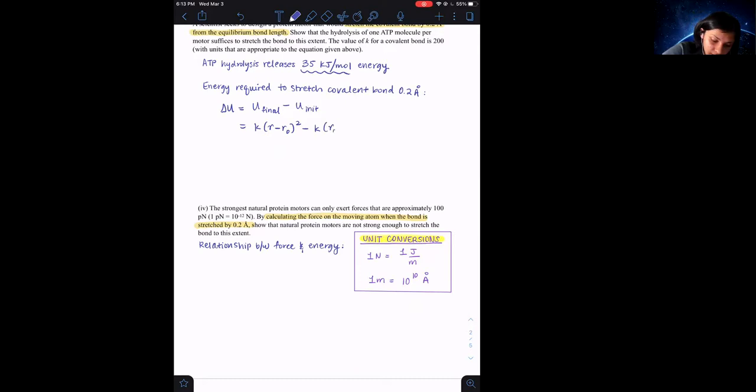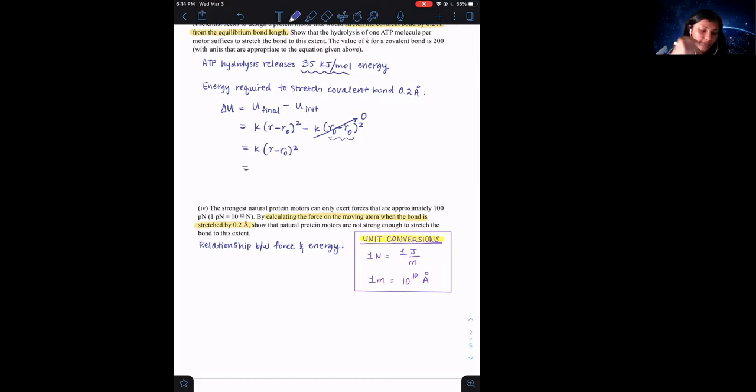So the initial value is just (R naught minus R naught) squared. Since R naught minus R naught is 0, this entire term is 0. So essentially we're just calculating K times (R minus R naught) squared.